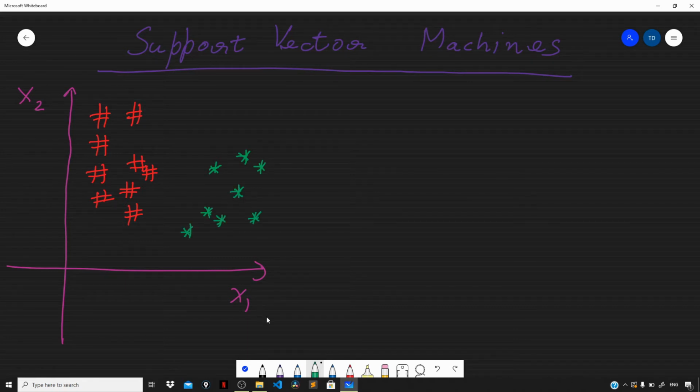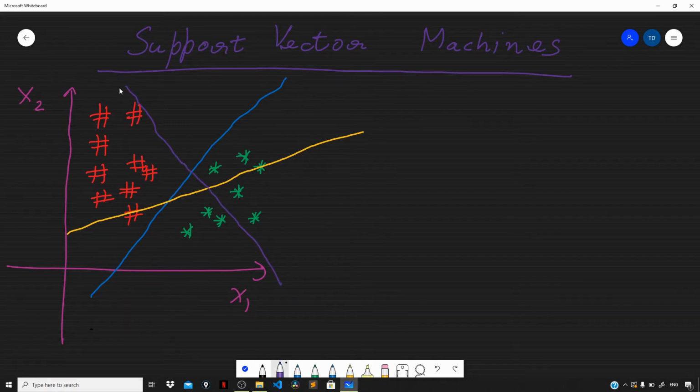And let us draw three possible hyperplanes to separate these two classes from each other. So let us say first one is this. Let us say second one is this. And let us say the third one is this. And let me label this by A, let this be B, and this as C.